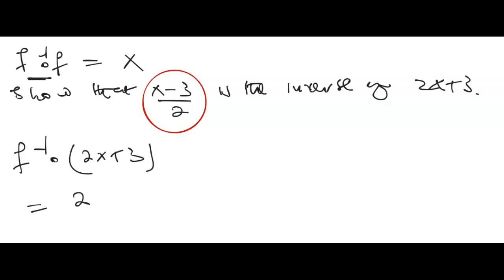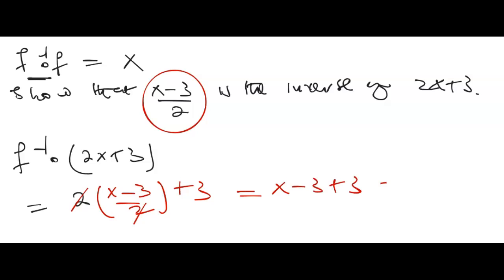So 2, instead of writing x, we are going to write (x minus 3) over 2. And then we have plus 3. And this 2 cancels that 2. We have x minus 3 plus 3, which is x.